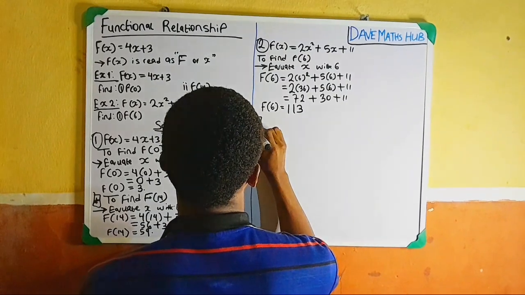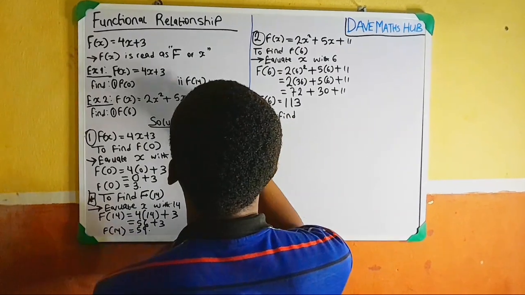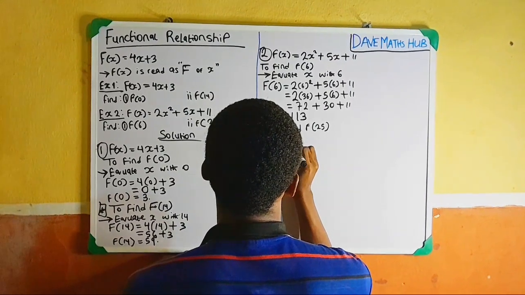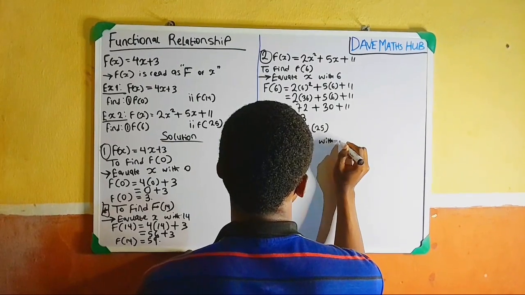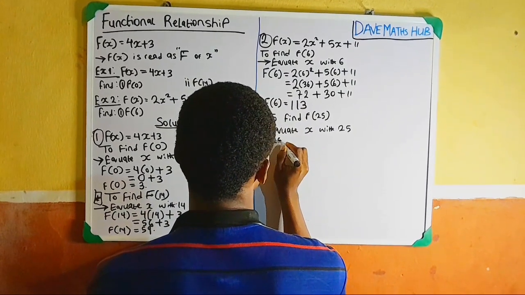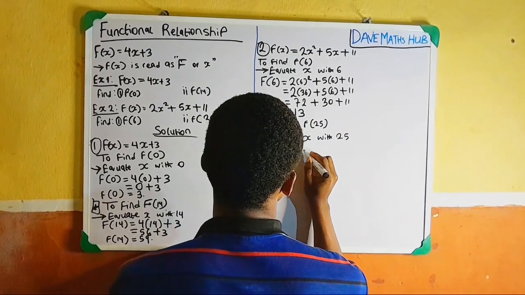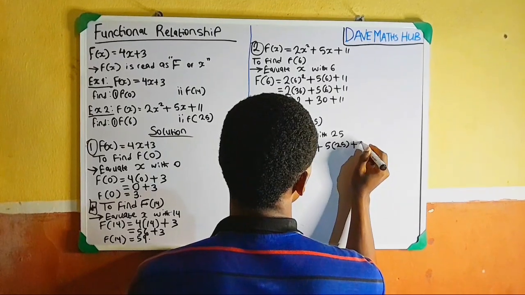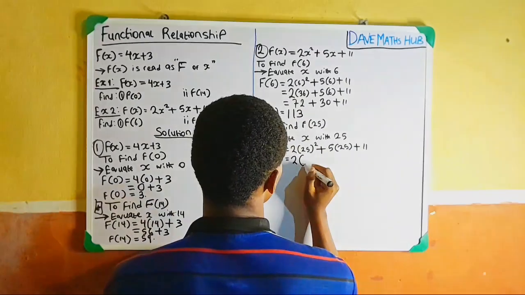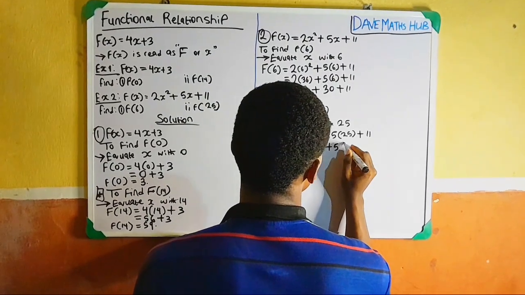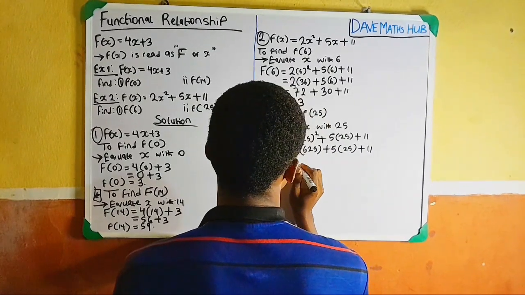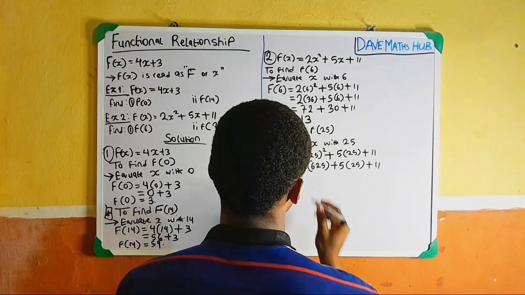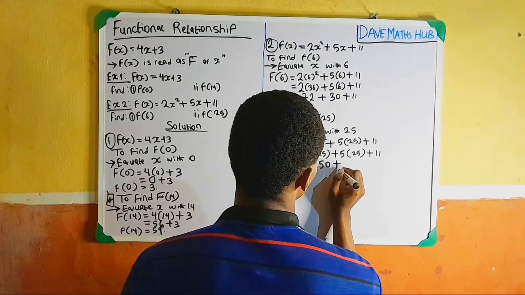Now, to find f of 25, equate x with 25. Whereby we have f of 25 equals 2, open bracket 25 squared, plus 5, open bracket 25, plus 11, which is 2 times 25 squared, 625, plus 5, open bracket 25, plus 11. 2 times 625 gives us 1250, plus 5 times 25.